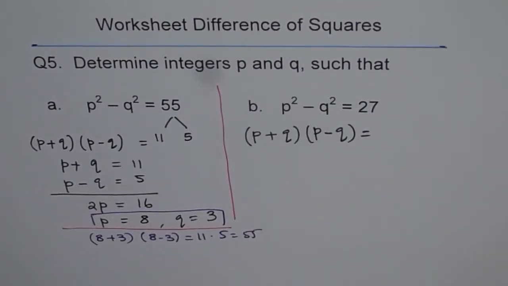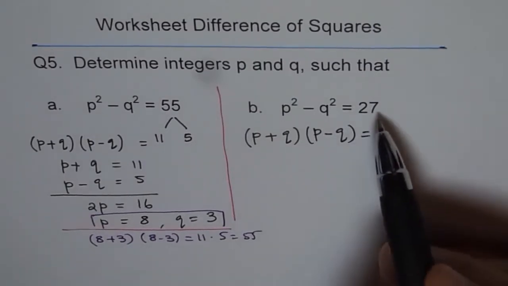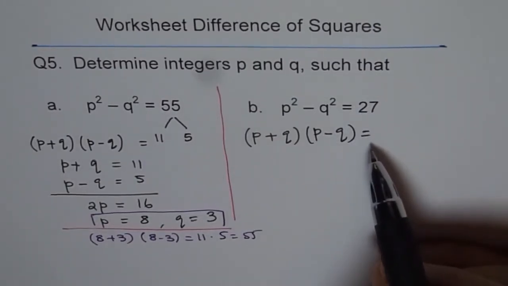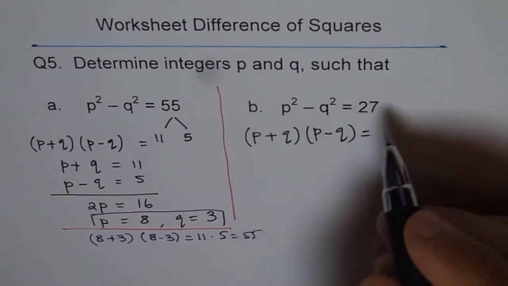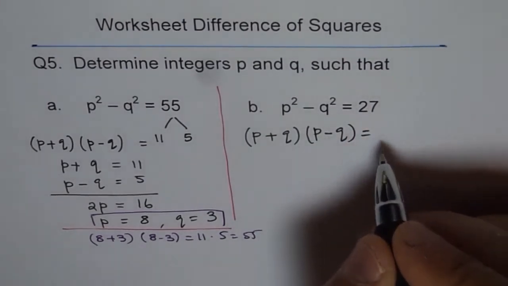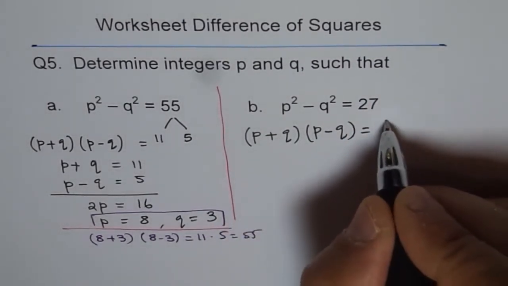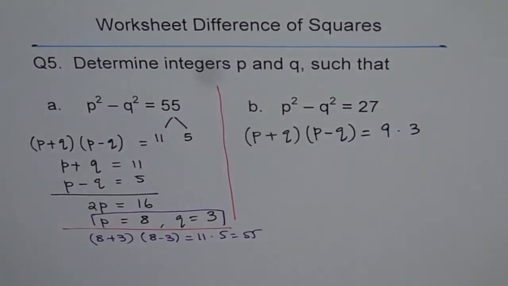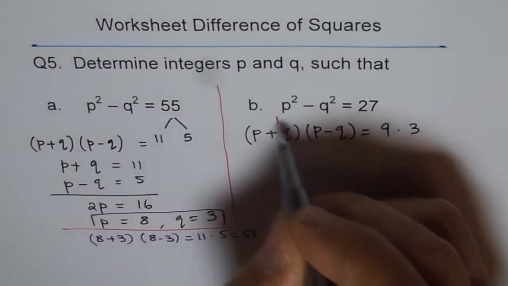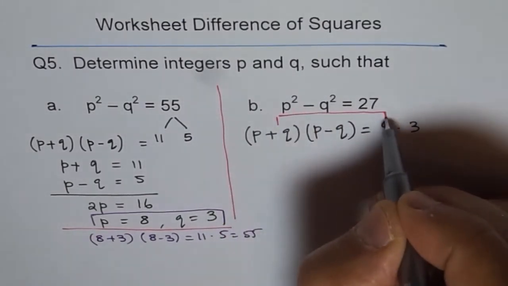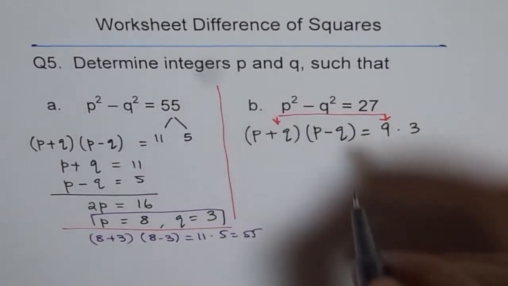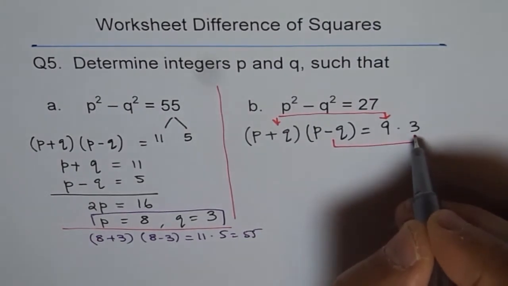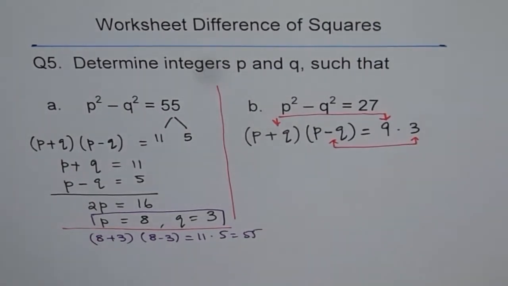You could use different numbers, right? You could also use 27 times 1. Well, let's use 3 times 9. Okay, so let's say 9 times 3 is 27. Let's use this. Okay, so we get two equations from here, equating 9 with p plus q and p minus q as 3.